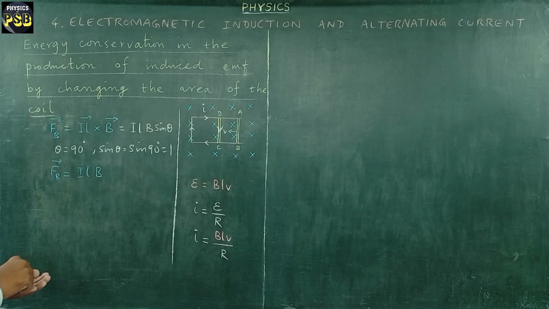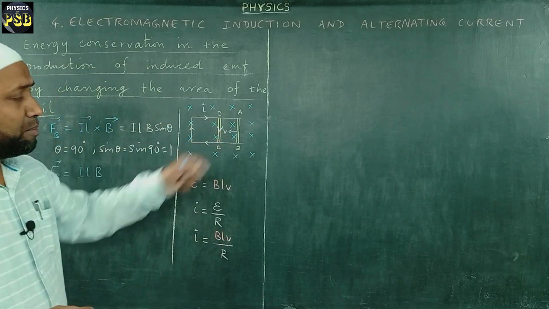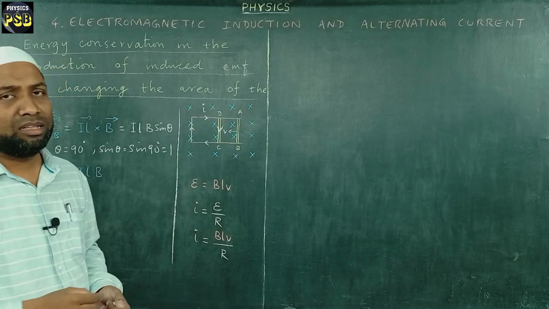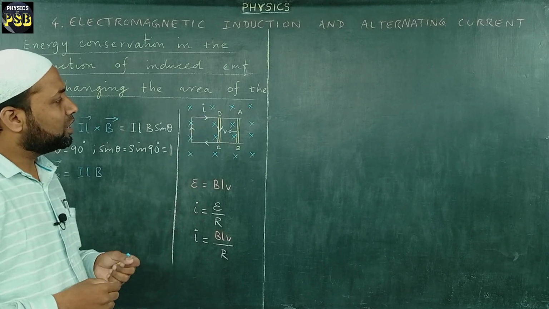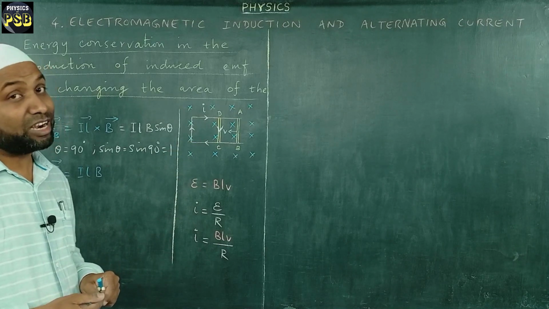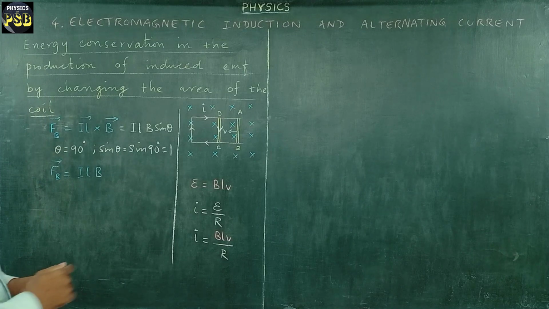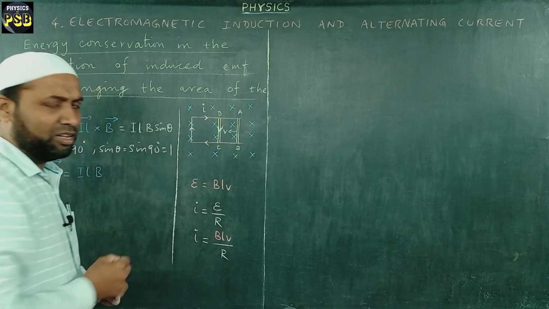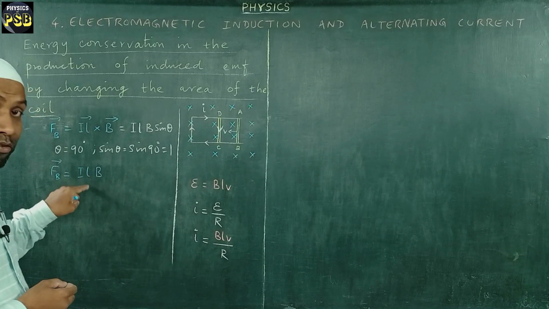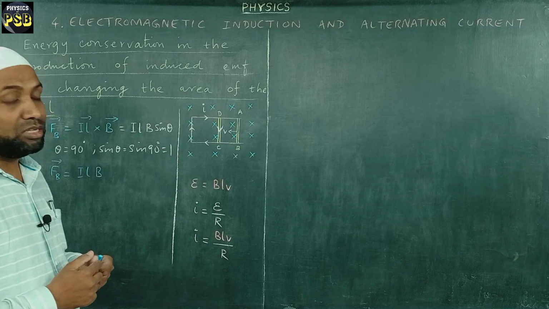Now from this it is clear that a magnetic force is acting on this movable rod through which induced current is flowing. When I try to move this further towards the left side, then this magnetic force acting on the rod will try to oppose it.